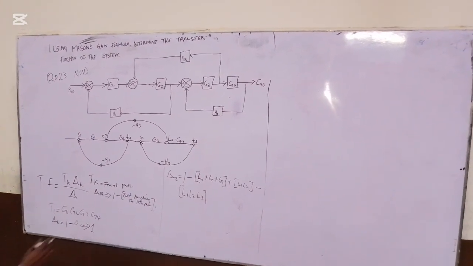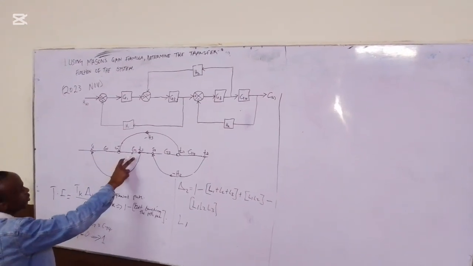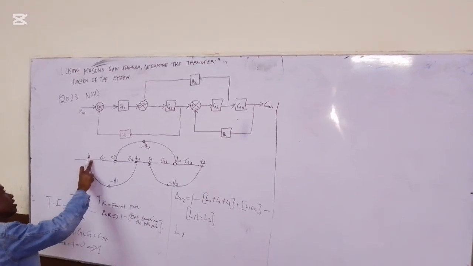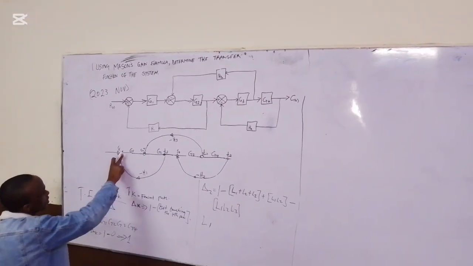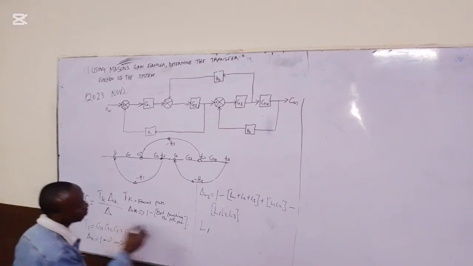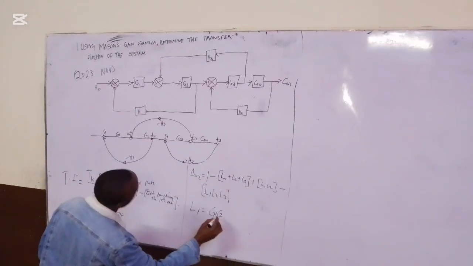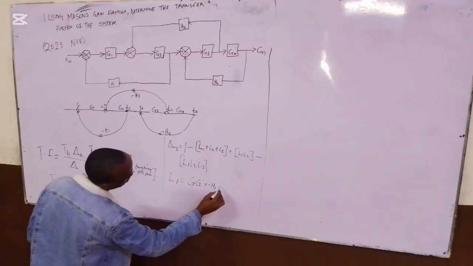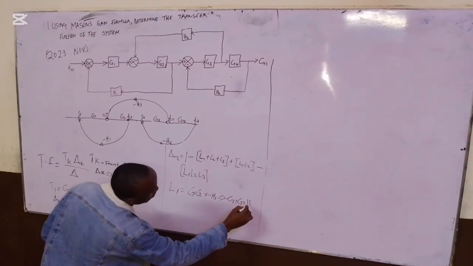But in this case, loop 1 is given by G1, G2, then back to the node S1. Starting from node S1 to takeoff point T1, then back to S1, that is what we call the loop. So L1 is given by G1, G2, times negative H1, which gives us negative G1 G2 H1.